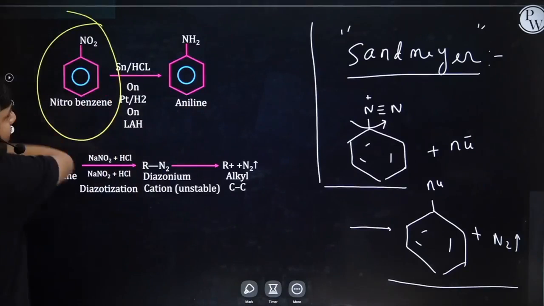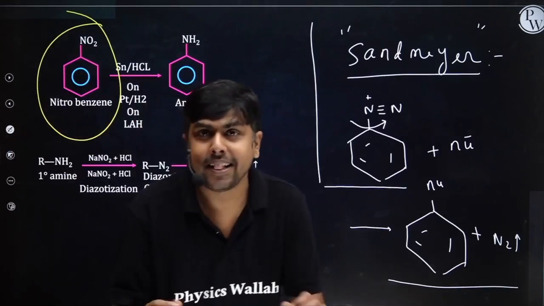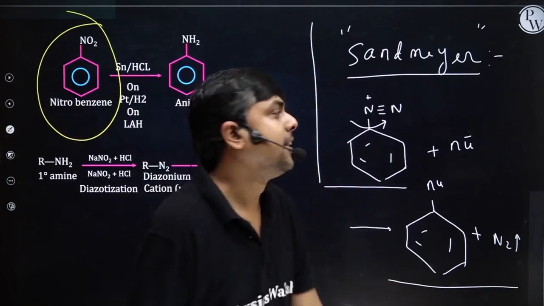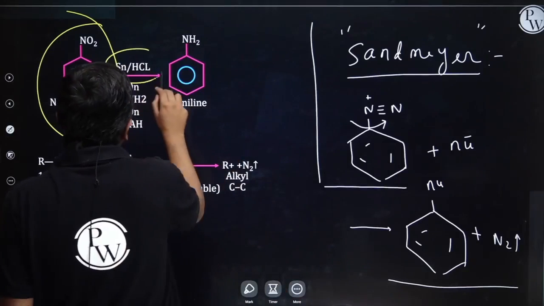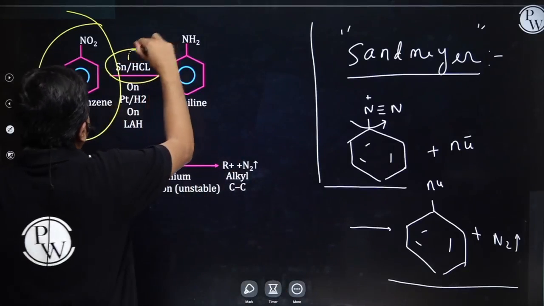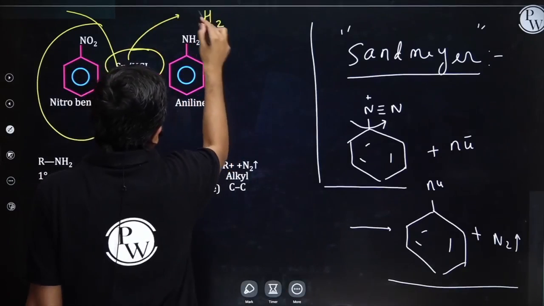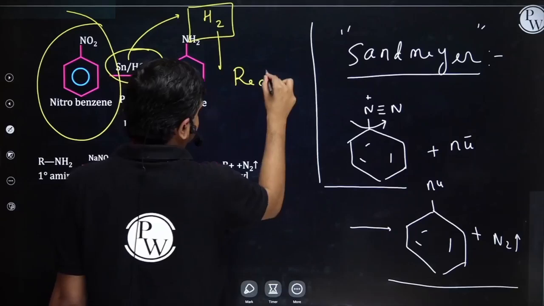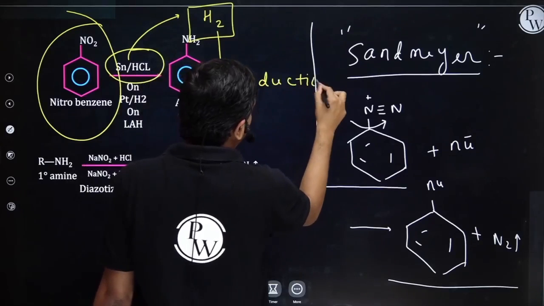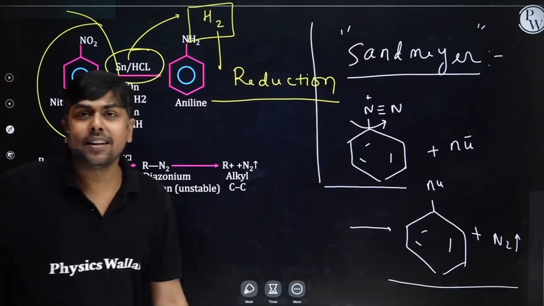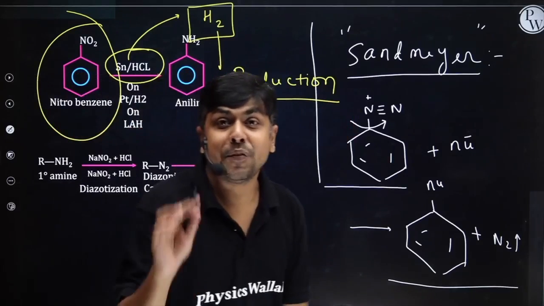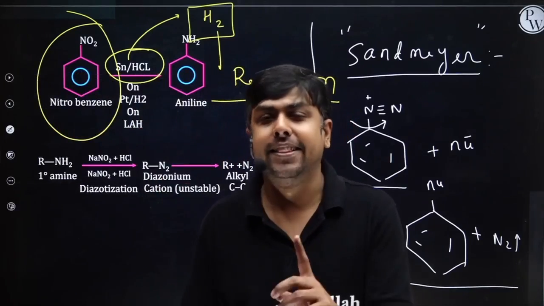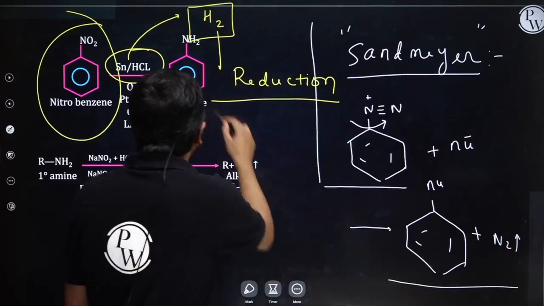This nitrobenzene is treated with metal in the presence of acid. Whenever we take metal in the presence of acid, it acts as a source of hydrogen. And what will this hydrogen do? It will do reduction reaction. Am I clear? So nitrobenzene will get converted to aniline, that is PhNH2.